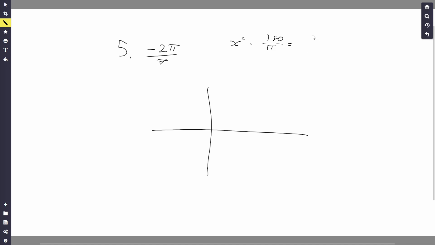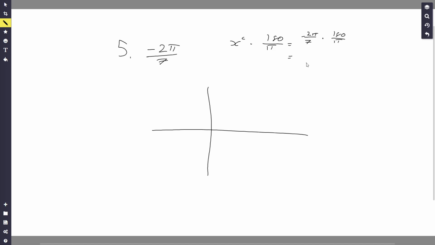So this is going to equal negative 2 pi over 7 times 180 over pi. That's really just going to equal, or I guess, yeah, we can just multiply it from here.